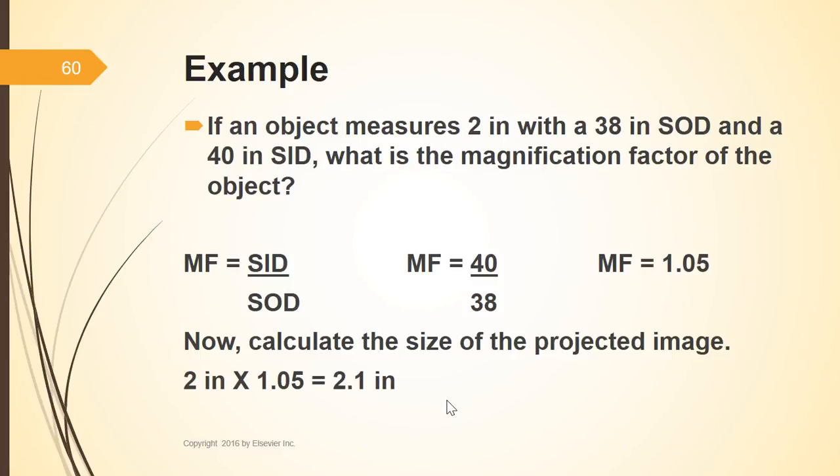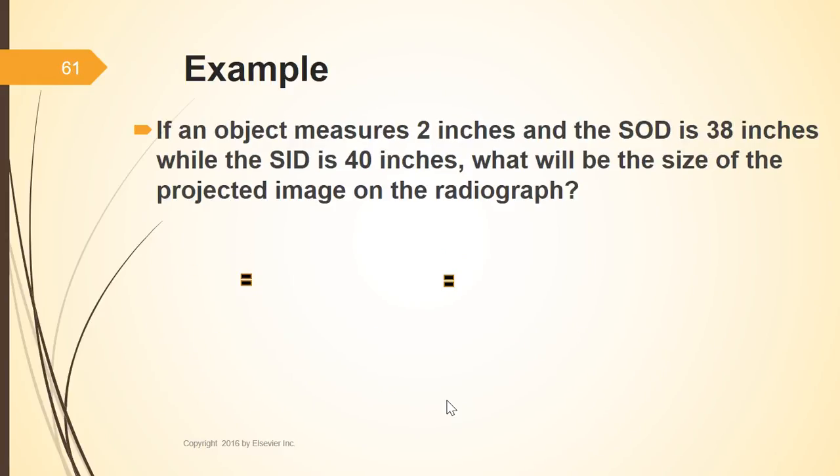There are other variations that come along with this that you may find something that's magnified even more. Or you can use this formula if you don't have all of that information. So if you have an object that's 2 inches, the SOD is 38 and the SID is 40, exactly like the other one, what will be the size of the projected image?